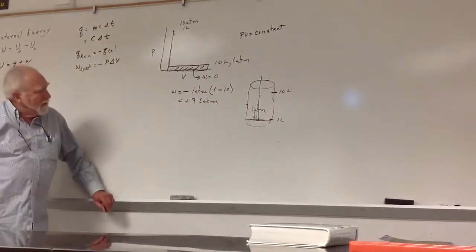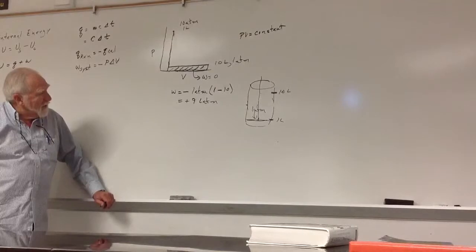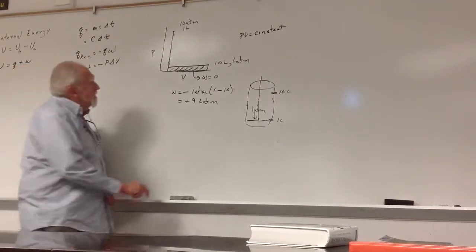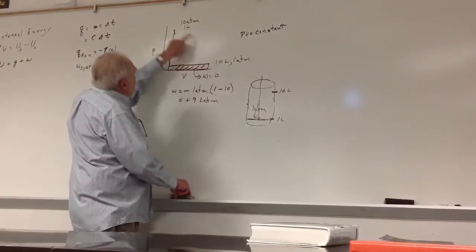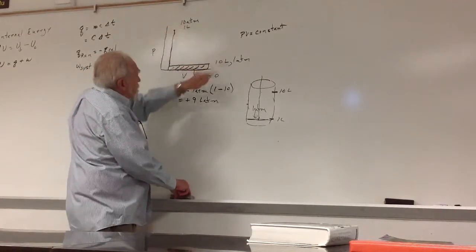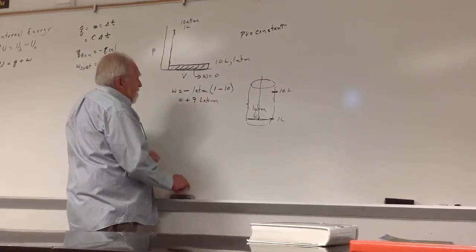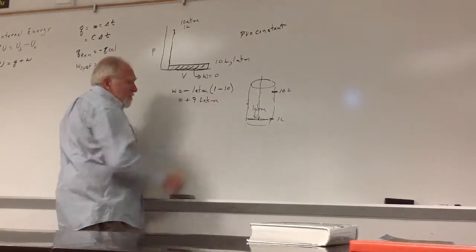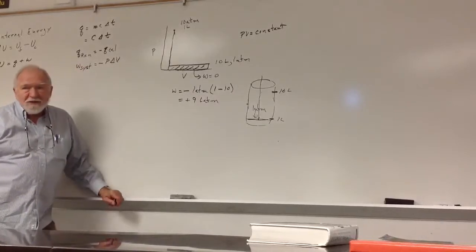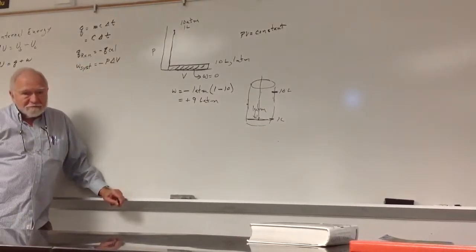Oh, is that supposed to say 1 liter? Because it looks like it says 10 liters at the bottom there. Whoops, yeah. Wait a minute. Yeah, it went from 1 liter to 10 liters and 10 atmospheres to 1 atmosphere. So the initial volume was 1 liter, and the final volume was 10 liters.